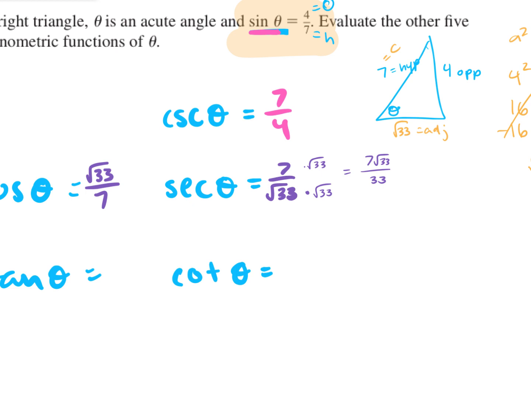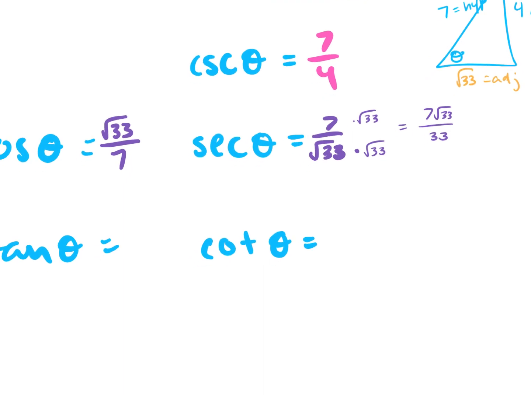Okay, and lastly, let's find tangent. Tangent's what over what? Opposite over adjacent. So that would be 4 over square root 33. Do I have to rationalize this one? Yes. We multiply the top and the bottom by square root 33. So what does that give us? 4 square root 33 over 33.